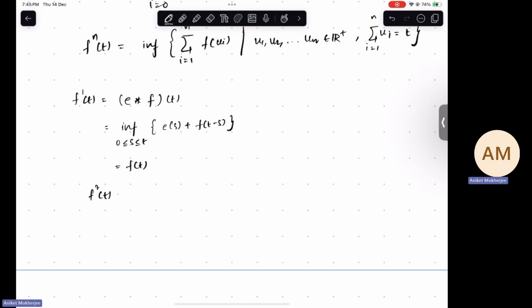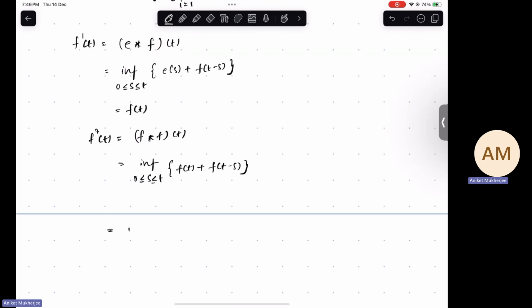Similarly, f^2 of t is basically f convolution with f at the point t. So this is basically the inf over 0 less than or equal to s less than or equal to t of f of s plus f of t minus s.